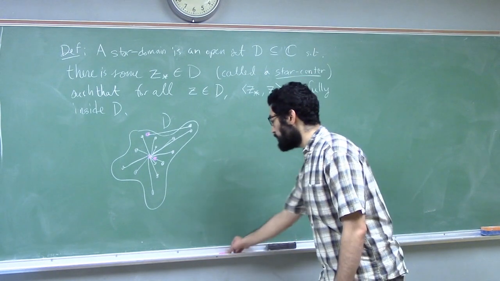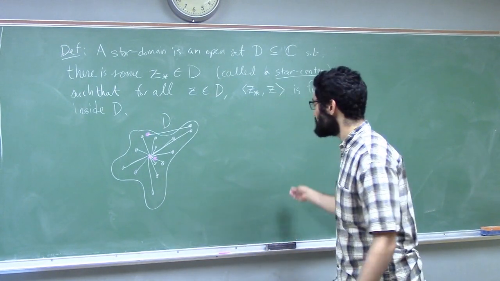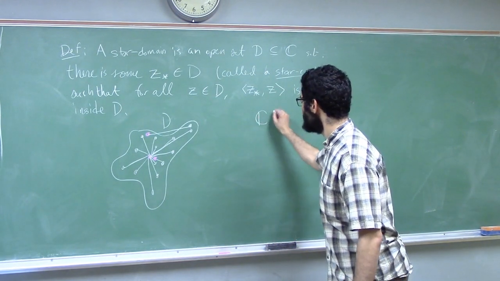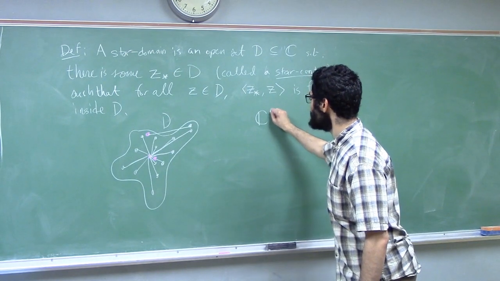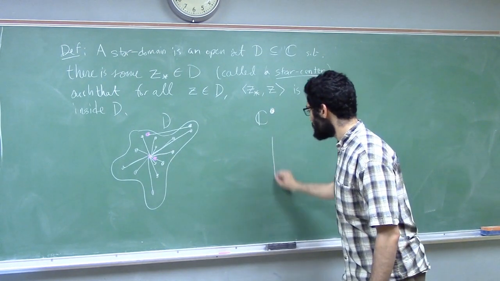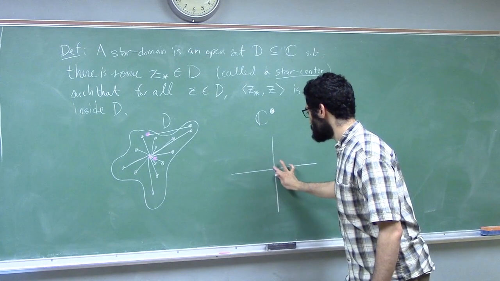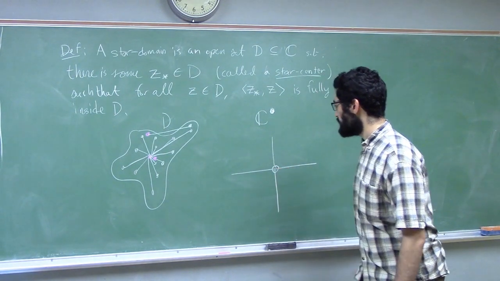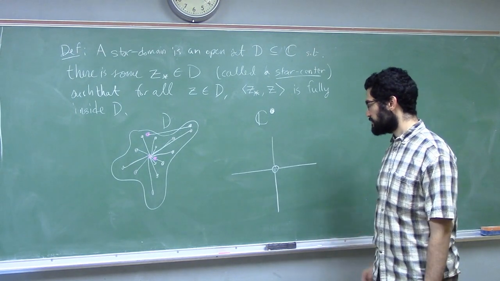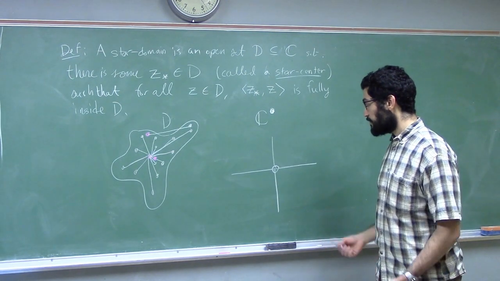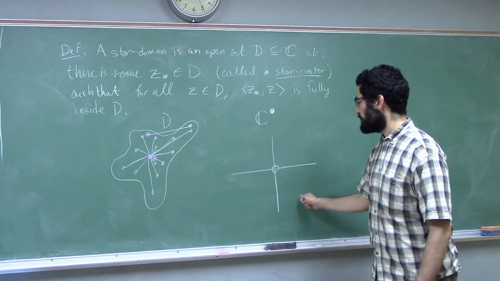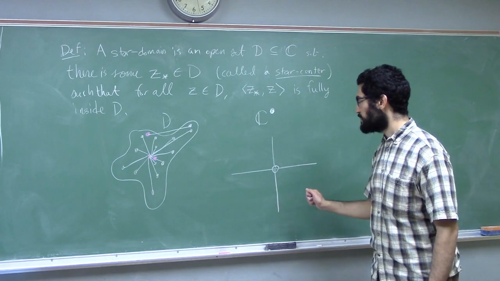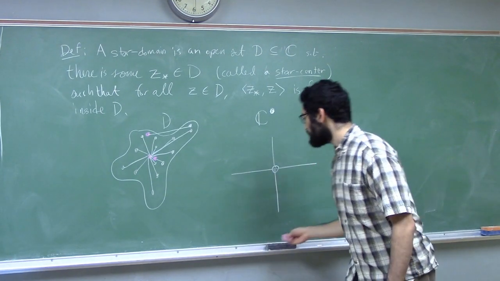All right, a good example of something that's not a star domain that has come up a lot is C bullet, our notation for the complex plane with the origin removed. So if I remove the origin, then there's no point in the complex plane with the origin removed which has the properties of a star center.